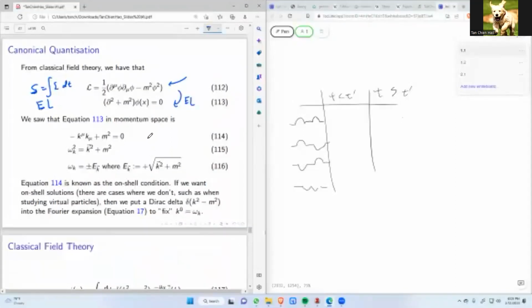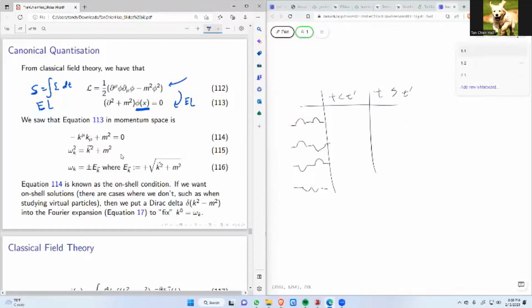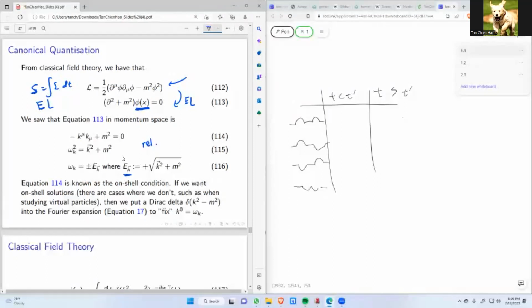In the case of the free scalar field, which is this Lagrangian, we get the following Euler-Lagrange equation. When we expanded phi in Fourier space, we got the following relation, which basically says that the energy of a particle must be the square root of the momentum squared plus mass squared, which we might recognize as the relativistic dispersion relation. This equation is sometimes known as the on-shell condition.